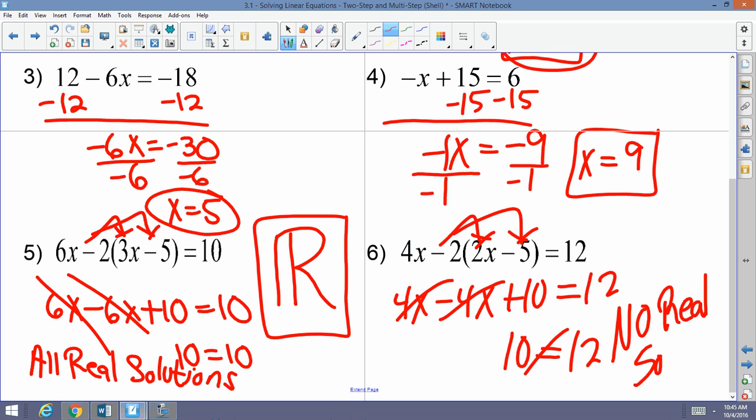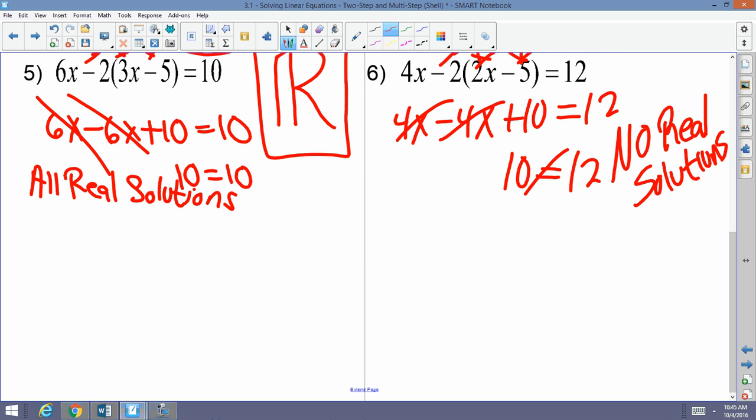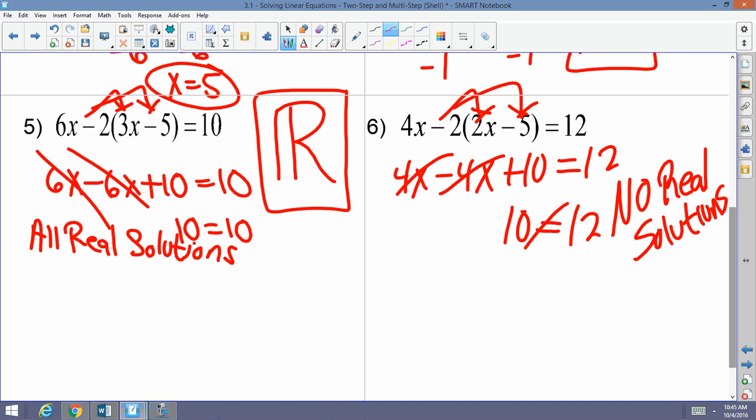There's no symbol for that. Well, yes, there is. No solutions could also be written as a 0 with a line through it. That means an empty set or no solution. Just in case you ever see those symbols, you'll know what they mean. All right. Not bad for 2-step, right?